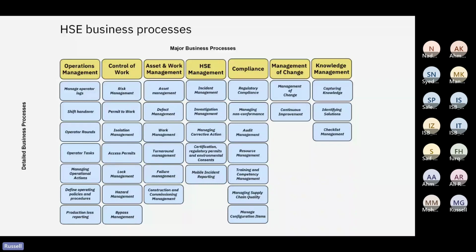Supporting permit to work, you have the management of the locks and lock boxes, and hazard management, managing hazards and precautions that support the risk management process. Then there is also bypass management, the process of managing bypasses that are often managed by operations but are necessary to carry out maintenance work.